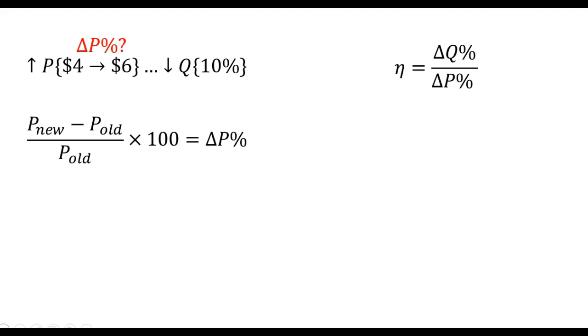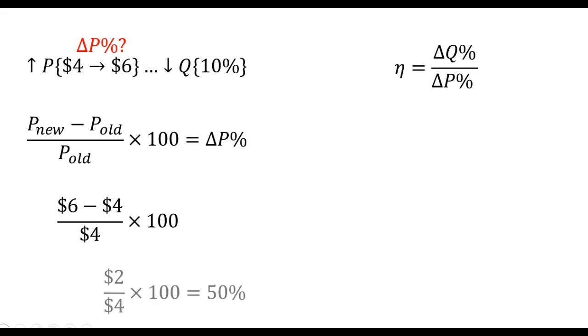So let's just plug in the numbers. The new price $6 minus the old price $4 over the old price $4. So you can reduce that to 2 over 4 times 100, which could be further reduced to 1 over 2 times 100, or half times 100, which is 50%.